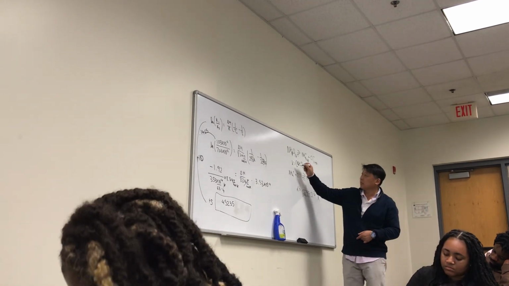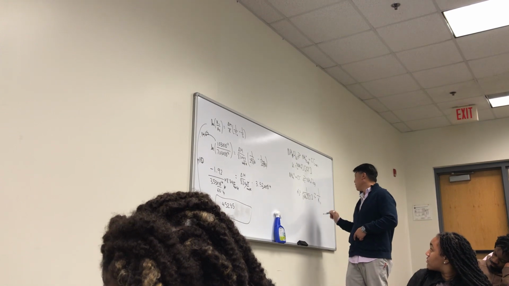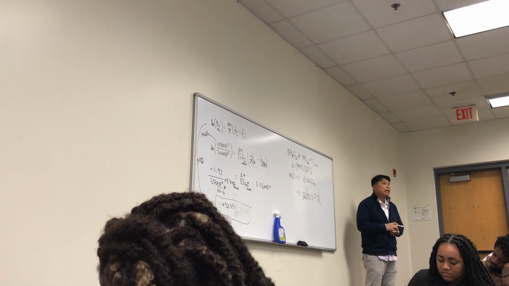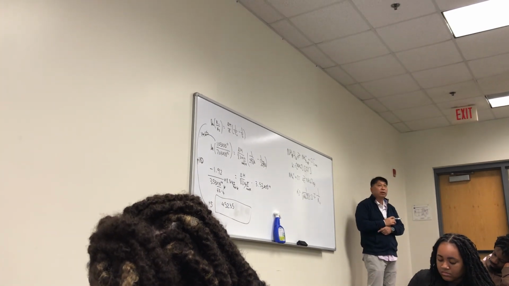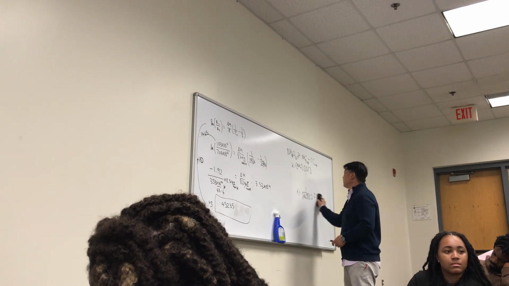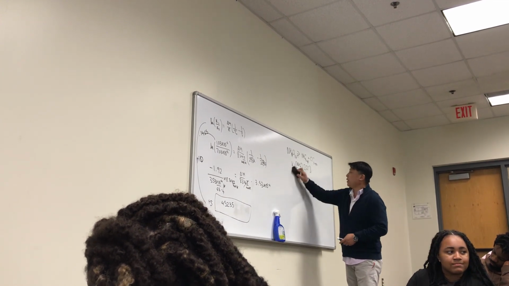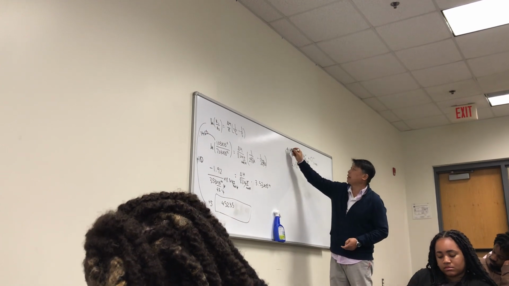Okay, so let's say this is 1. That's what it means to reverse the K if you reverse the equilibrium. Number 2, when you multiply, let's say this equation needs to be multiplied by 2.